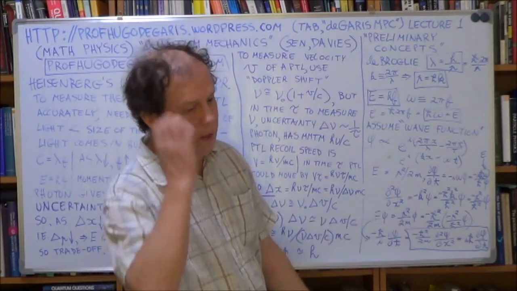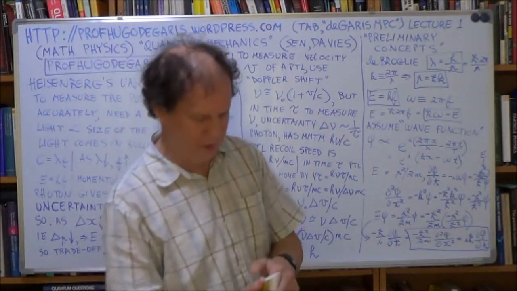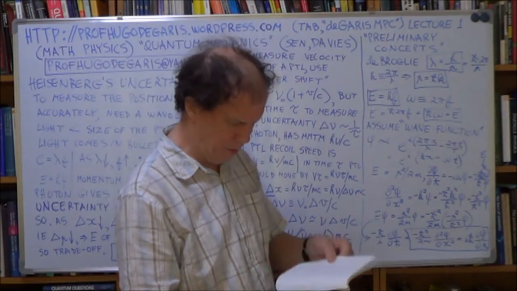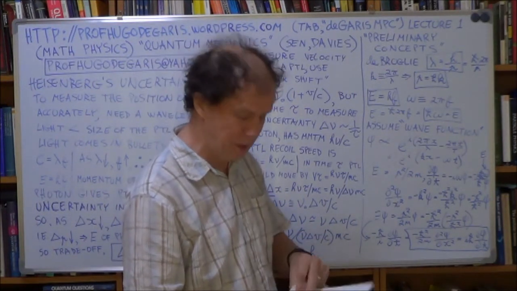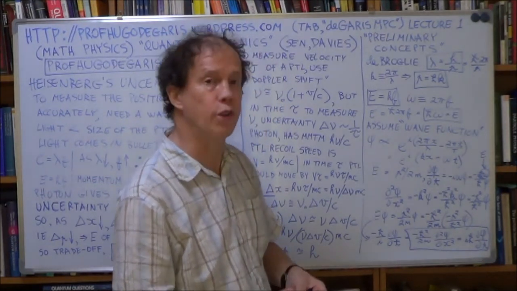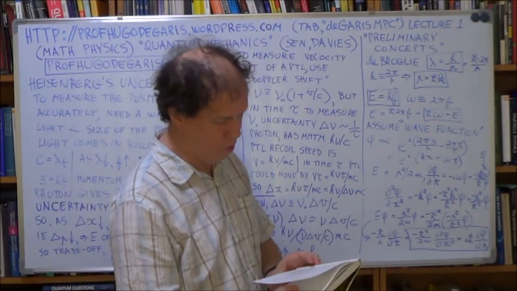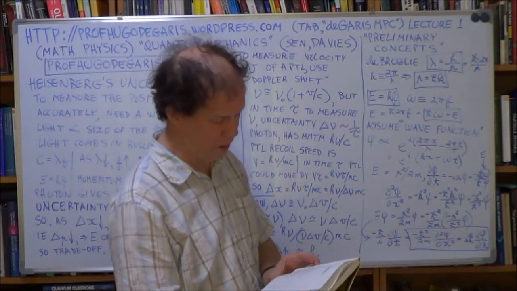In fact, the next, I don't know, I need to check, at least 3, maybe more, chapters in the textbook apply Schrödinger's equation to different situations. So Schrödinger's equation is critical to quantum mechanics.